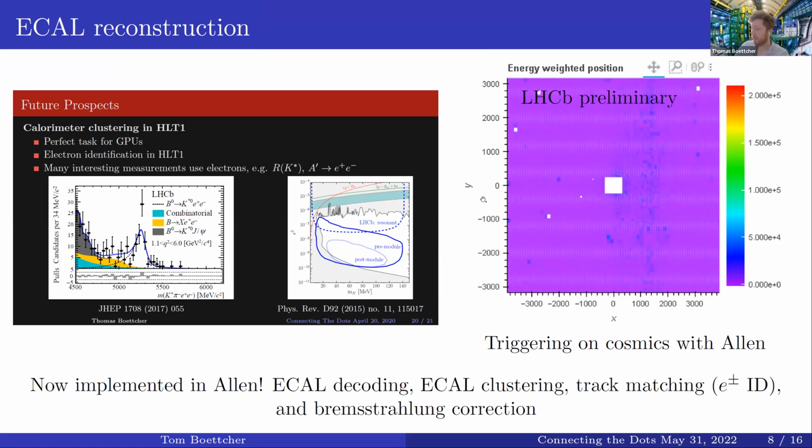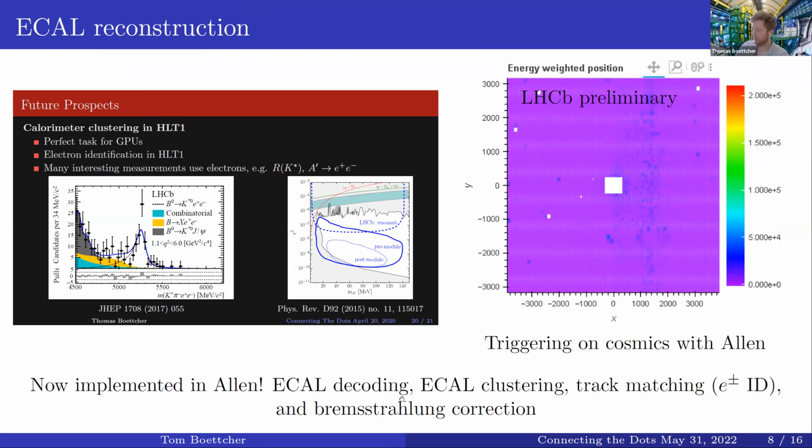And so now this has been implemented in Allen, and as proof of this, here is a heat map of the energy deposits in the ECAL from some cosmic data that was selected using Allen, and so you can see that we are actually able to reconstruct energy deposits and select them.